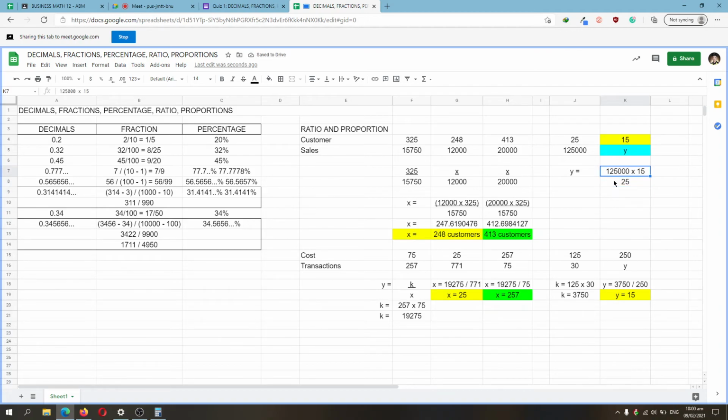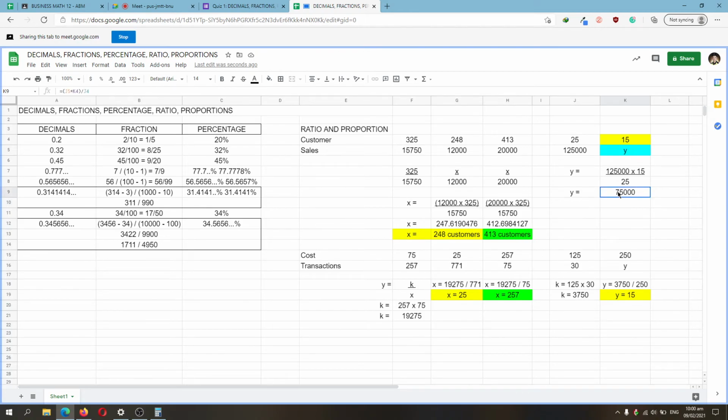So, multiply divided by 25. So, ilan ang sales natin? 7,005 or 75,000.